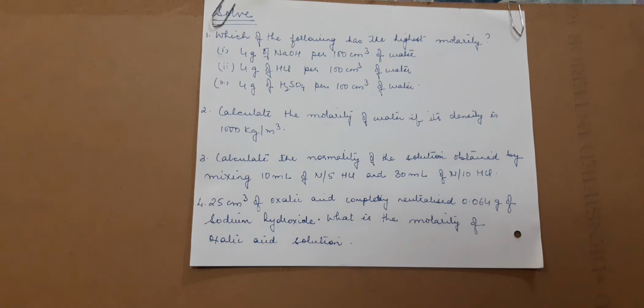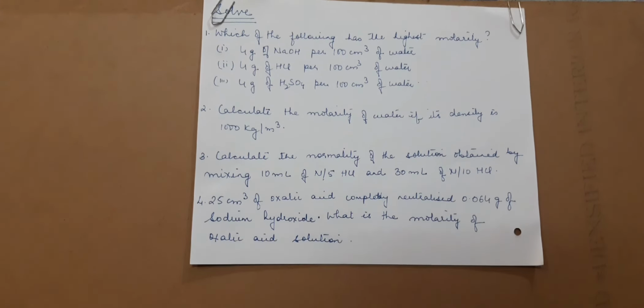Fourth, 25 centimeter cube of oxalic acid completely neutralized 0.064 gram of sodium hydroxide. What is the molarity of oxalic acid solution? So these are your questions. Do them in your copy.